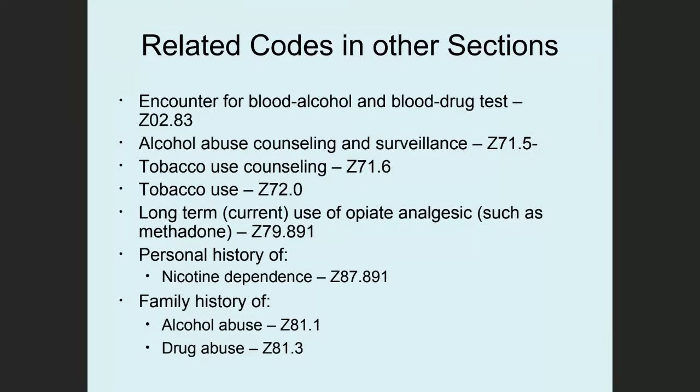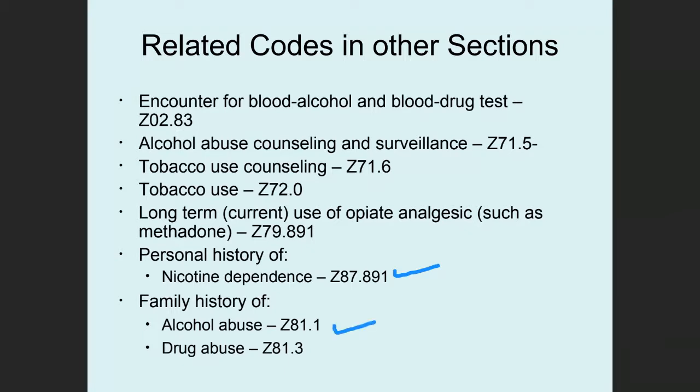Tobacco use, the patient is currently using, Z72.0. Long-term current use of opiate analgesic, such as methadone maintenance, is Z79.891. You have personal history of nicotine dependence. I got that one, although it's been over 35 years.